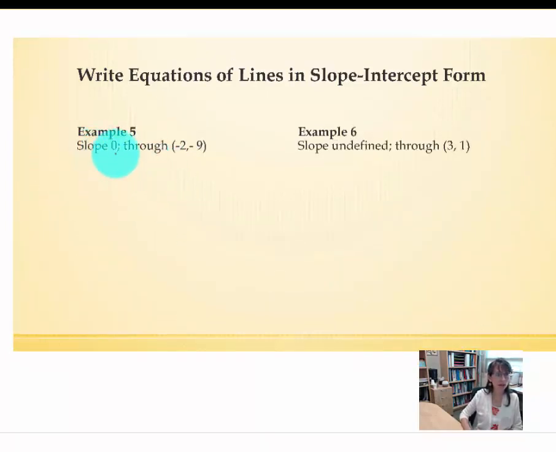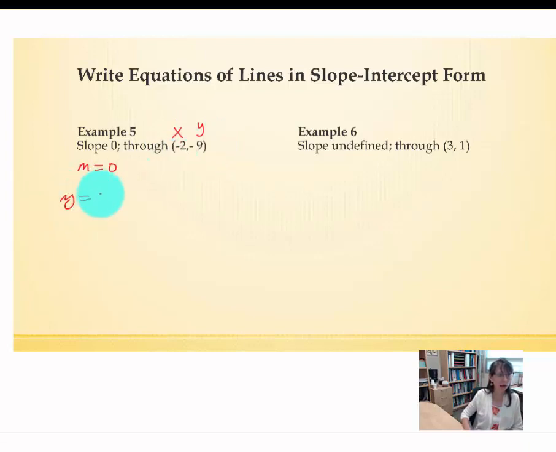We have a slope of 0, and the line goes through (-2, -9). So m is 0, x is -2, y is -9. Since we have numerical values for the slope, the x, and the y, we can do our substitutions.